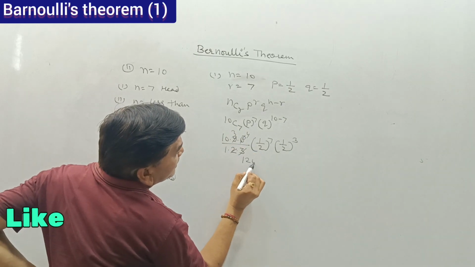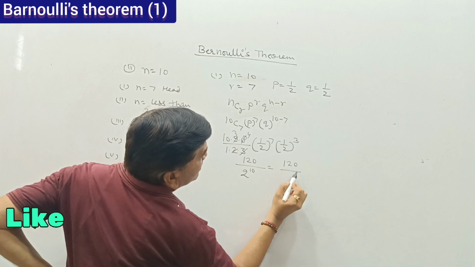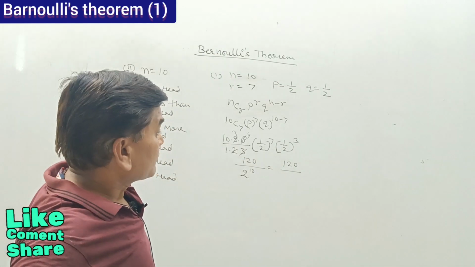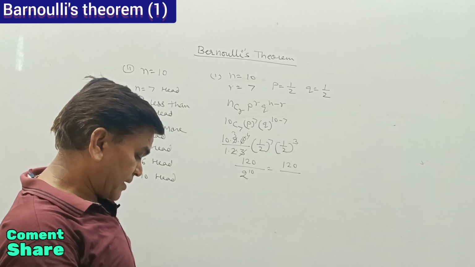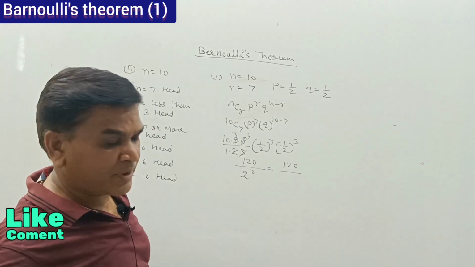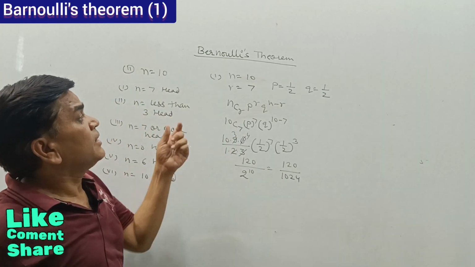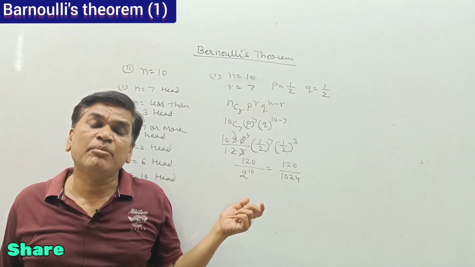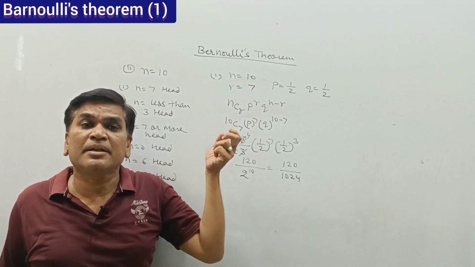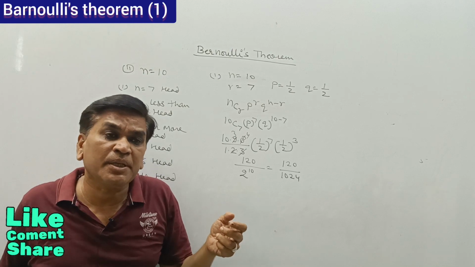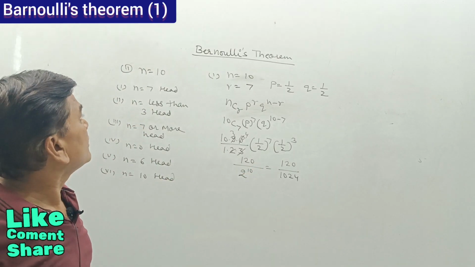So 120 divided by 2 raised to power 10, and 2 raised to power 10 is 64 multiply 16, so 1024. So the probability of getting 7 heads in 10 tosses of the coin is 120 upon 1024.